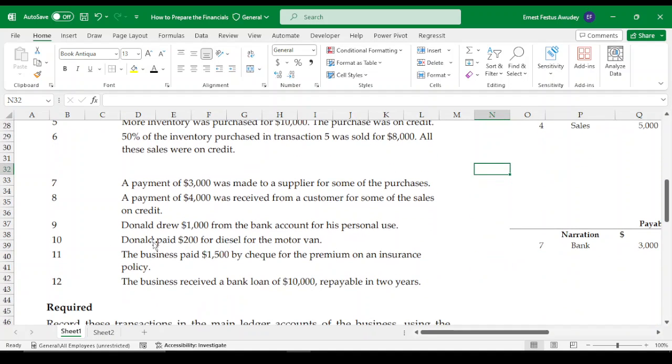Transaction 10, Donald paid $200 for diesel for the motor van. So paying for diesel for your motor van is an expense. Okay, so we can even classify it as a transport expense.